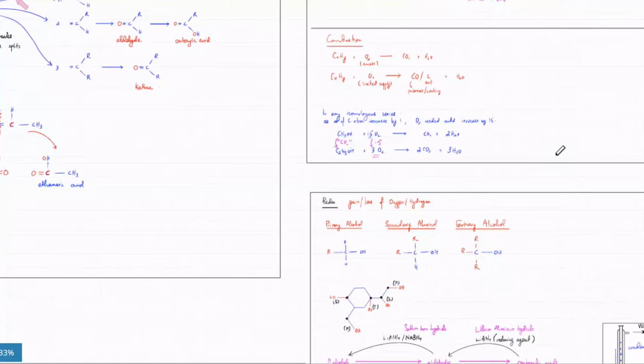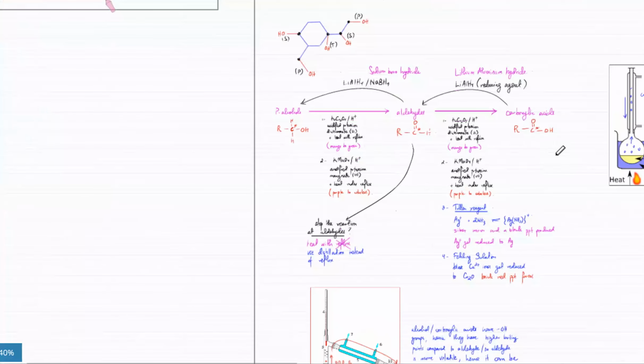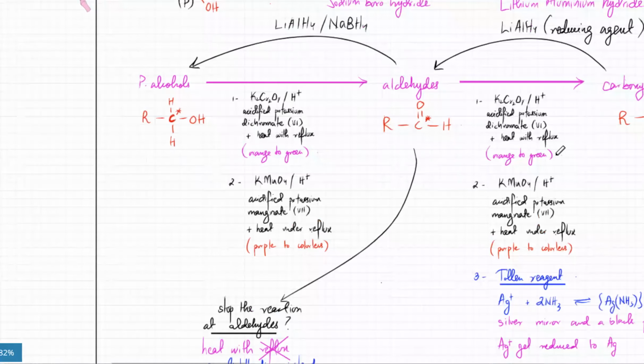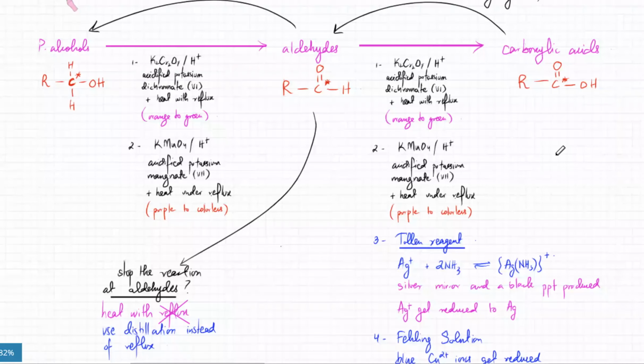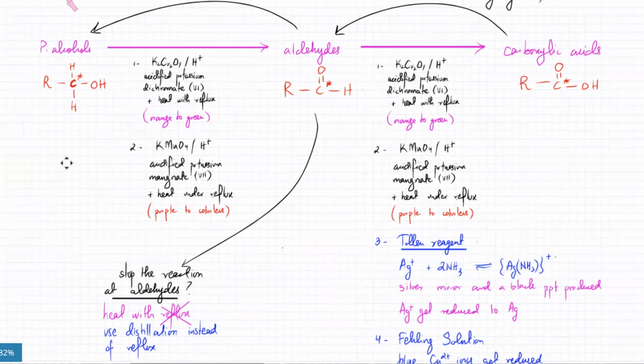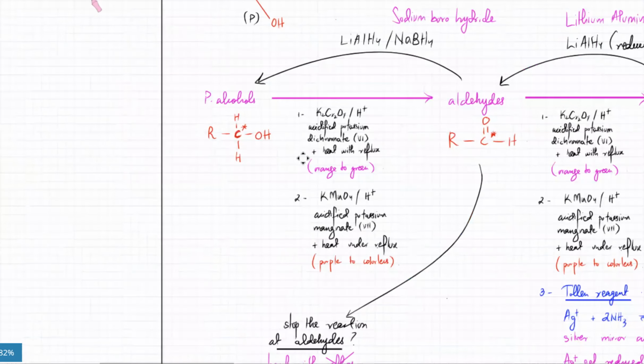So remember, for alcohols we did study that you can stop the reaction at an aldehyde if you use distillation instead of reflux, and the aldehyde would evaporate. But K2Cr2O7 was a slightly milder oxidizing agent in that reaction.